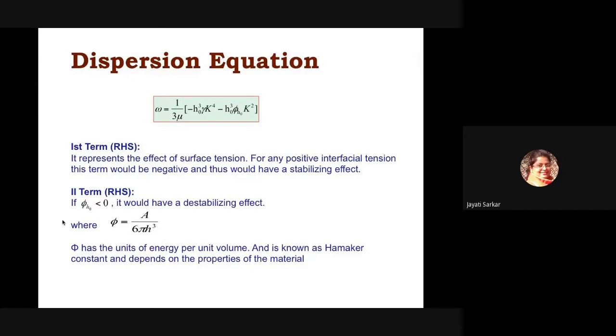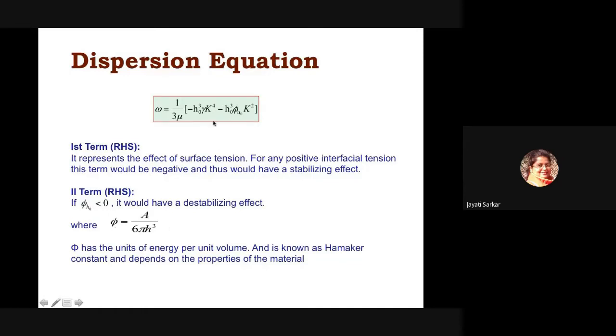So if phi prime at h naught is less than 0, then this second term will have a positive effect on omega. In the case of Van der Waals interaction, phi is A by 6 pi h cube, evaluated at h naught, and phi prime is a derivative with respect to h, which will make this quantity negative itself.